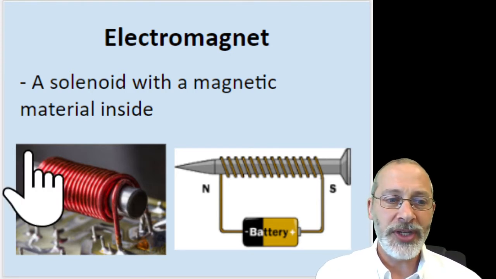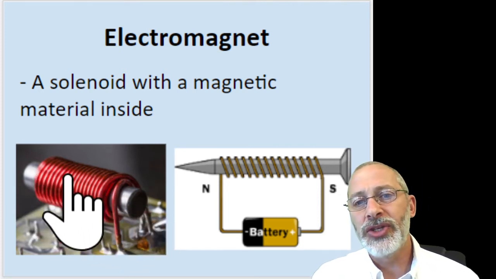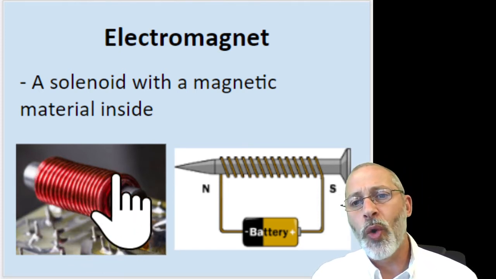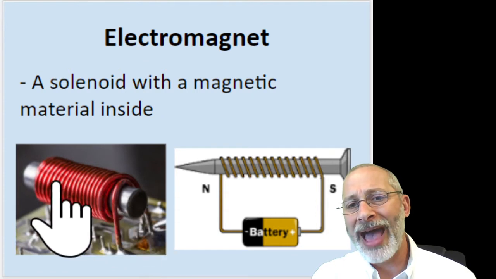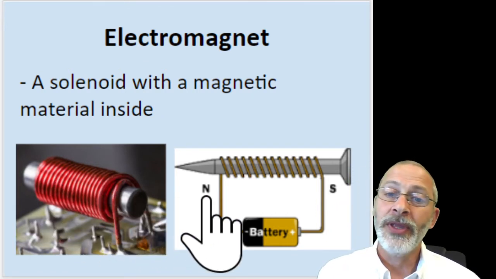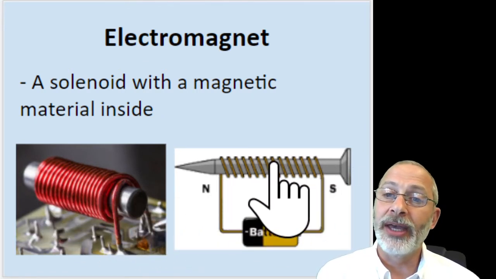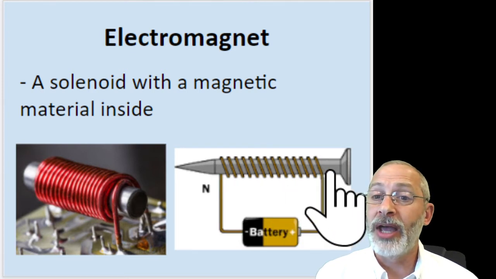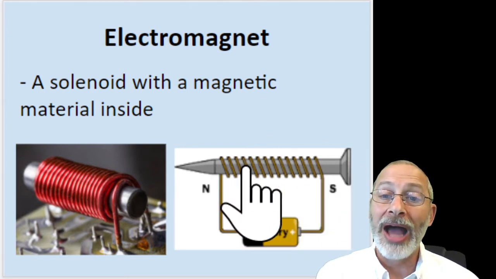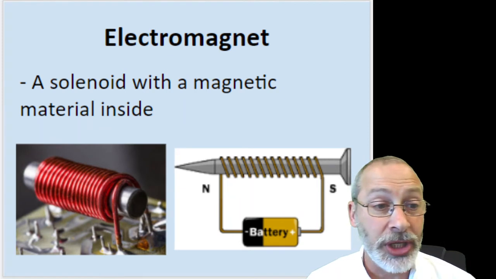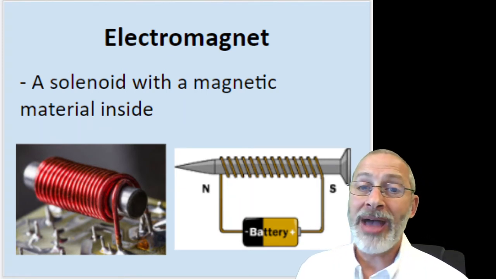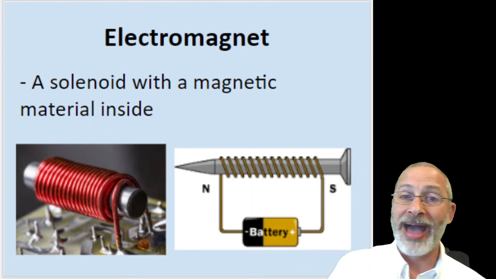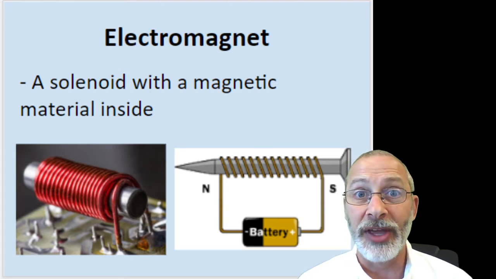Now, you'll notice here in these diagrams, this looks like a coiled wire with a magnet in the middle, which it is. This diagram here looks like a metal nail of some kind with a coil wire around it, which it is. So an electromagnet is a solenoid with a magnetic material inside of it.